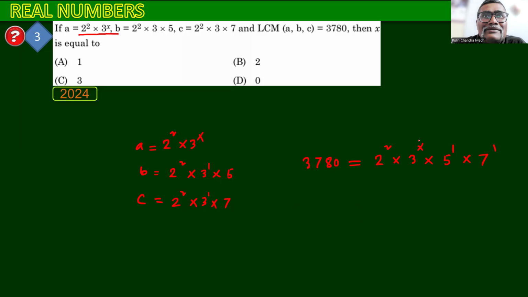Now, obviously, if I need to find x, I have to do the division. Here also I'll try to do it a little cleverly. So 3 to the power x is equal to 3780. Let me not factorize it immediately. I can see something. 2 square is there and this is 5. So one of the 2s I'll take and 5 I'll take and make it 10. 2 is there and 7 is there.